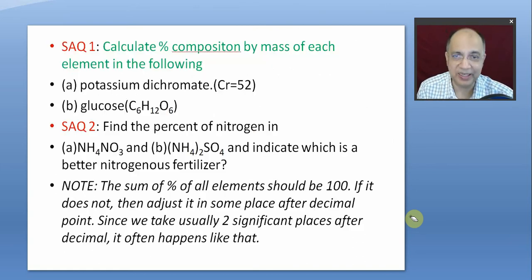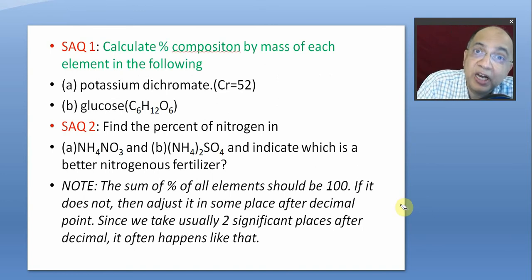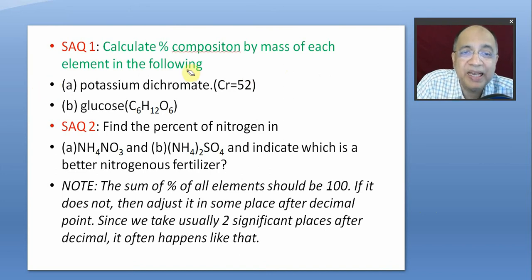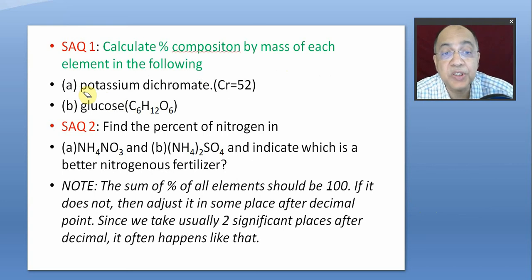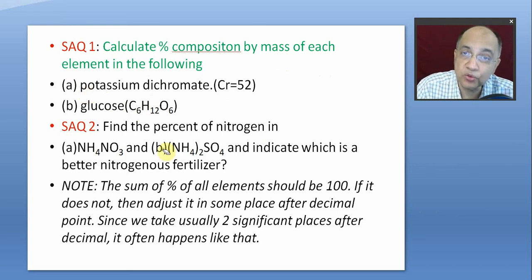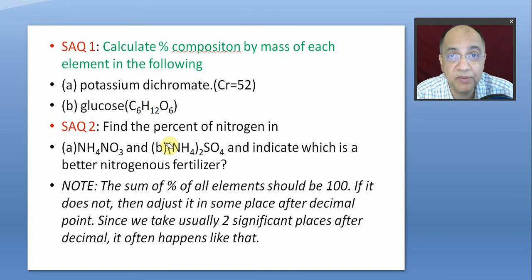Let's take some examples. Calculate the percentage composition by mass of each element in the following. Potassium dichromate contains what mass percent of potassium, chromium and oxygen. Similarly, glucose contains what mass percent of carbon, hydrogen and oxygen.